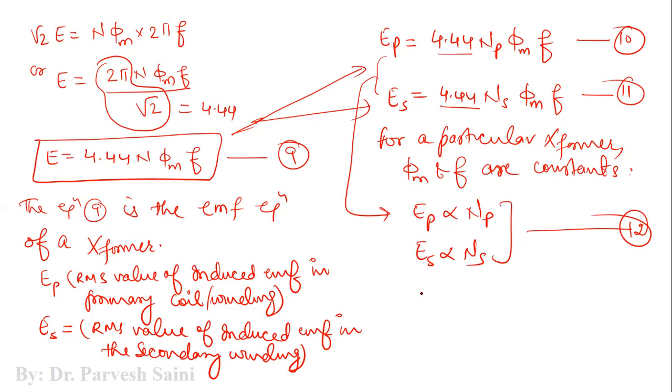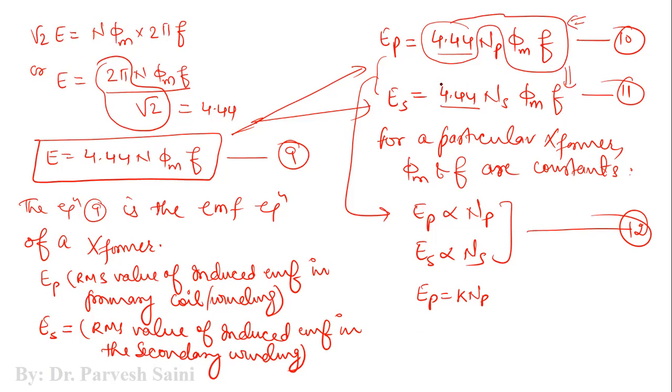So if we write it like this, EP is equal to K NP, because this 4.44 and these two are the same in both the cases.